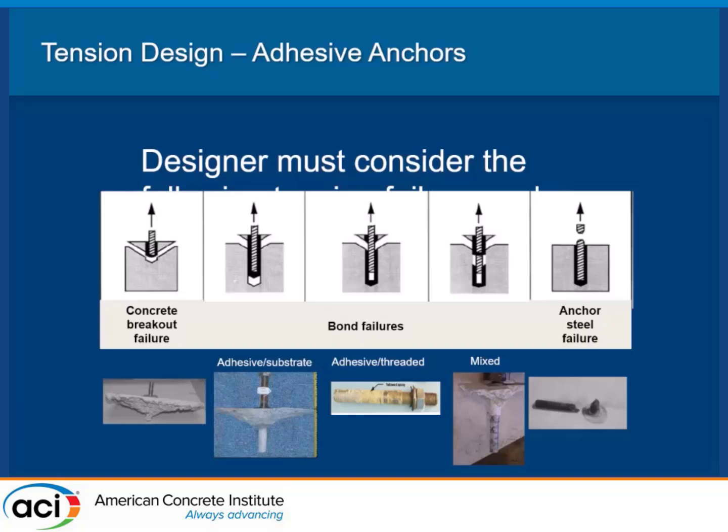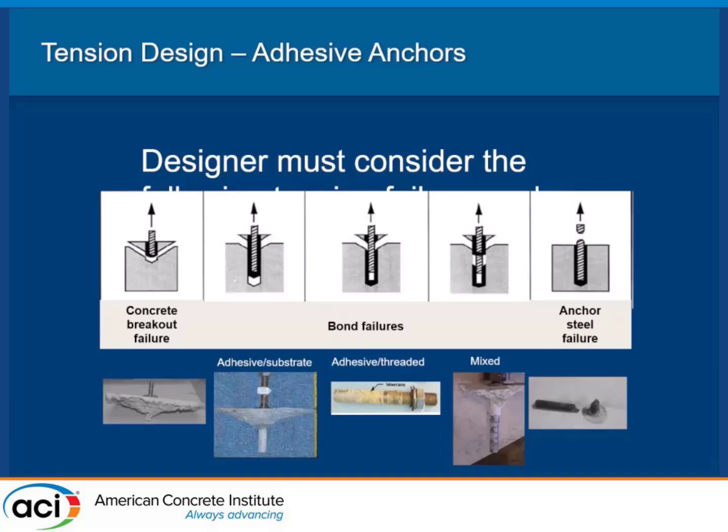We have a number of different bond failures, but there's just one equation that you have to use. And as you can see here, this is what I want to start showing you, a lot of pictures. If it's done correctly, you get your standard looking concrete breakout failure. This is a case where we lost our bond in the lower half, and then it bonded in the upper half, and so we didn't quite get everything we had.